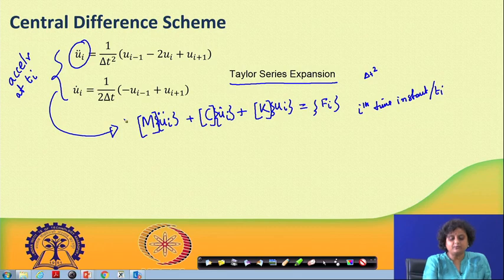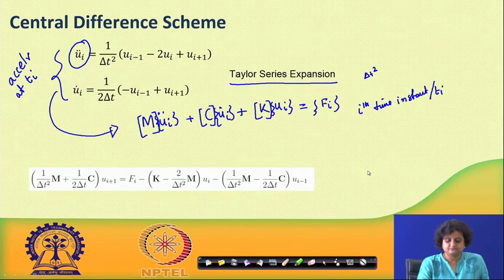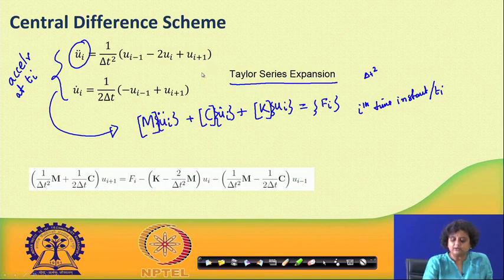So, I have just substituted this in place of u double dot i and u dot i, and u i is of course there.